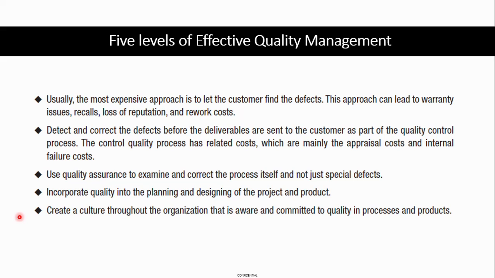So if you can achieve this, then automatically your planning and designing will have quality, then your quality assurance process will be there, and the worst case scenario, where the customer tries to find defects, will not happen. So these are the 5 levels of effective quality management, from worst case to best case, that we can achieve in an organization.